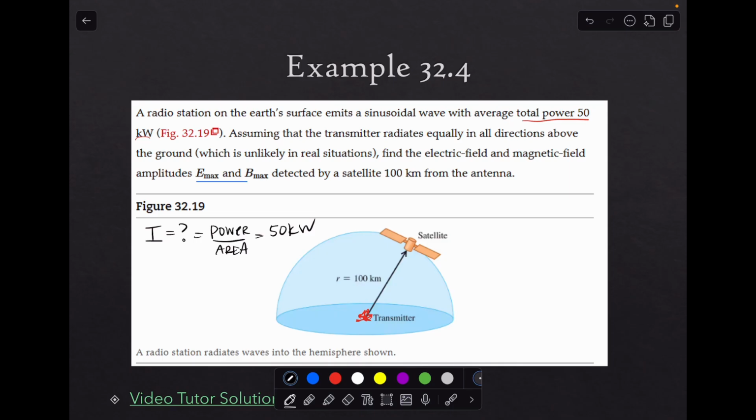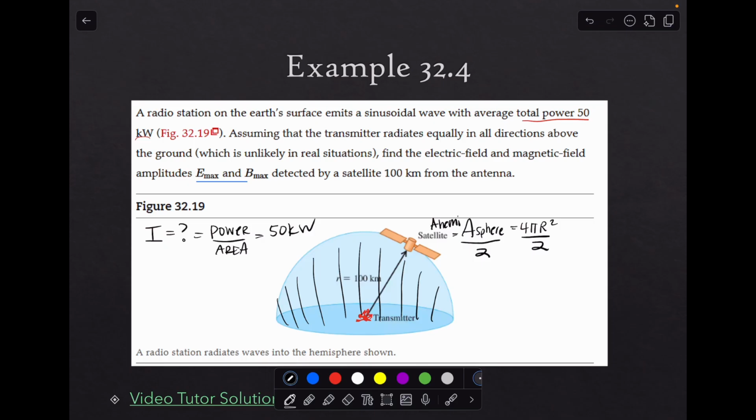It's the area of this hemisphere. The surface area of a sphere is 4 pi r squared, so the area of a hemisphere would be the area of a sphere divided by 2. So our area is 2 pi r squared.